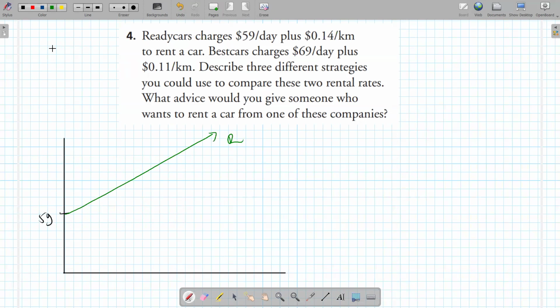This is Ready Cars, whereas the other one, the Best Cars, has a higher y-intercept, but has a relatively lower slope. So this is gonna be Best Cars, and they're gonna meet somewhere. At that point, it doesn't matter which one you pick. So what's the strategy to solving this problem?